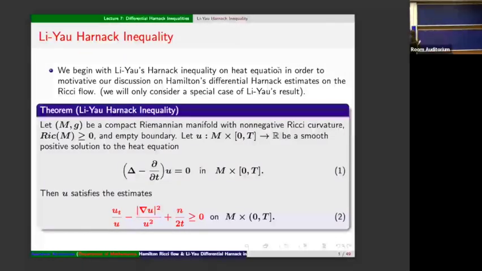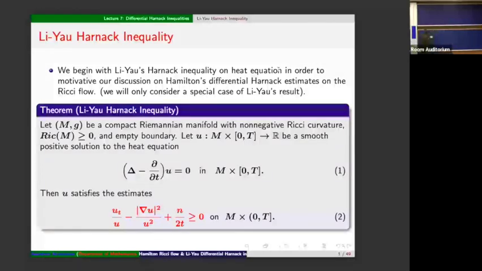Now, if you have a smooth positive solution to the heat equation, we have introduced the Laplace Perelman operator, equal to this.